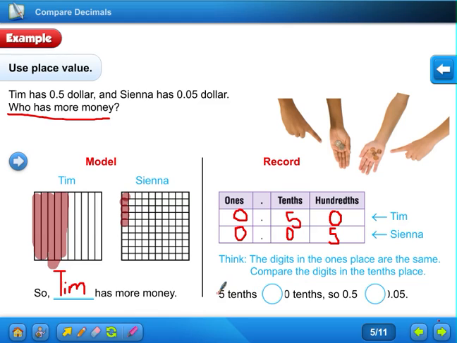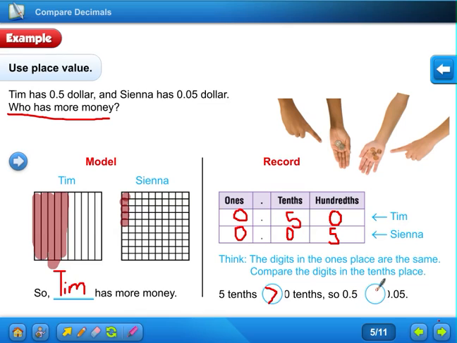So 5/10 is, sorry, I have to look. And 0/10, we're comparing the tenths right here. 5/10 and 0/10, who has more? You want to compare these two numbers right here. The 5/10.